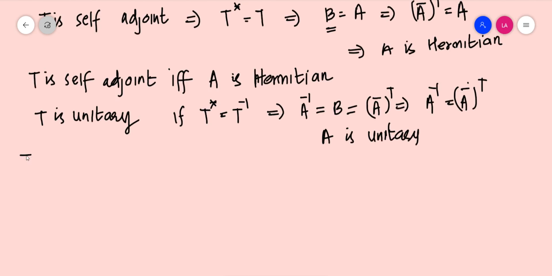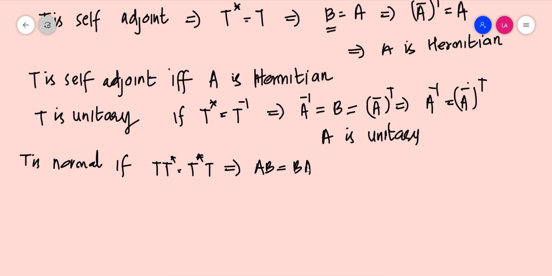And thirdly, T is normal if T star T is equal to T T star, which implies the associated matrices satisfy AB equal to BA. Here B is equal to A conjugate transpose, that is A times A conjugate transpose should be equal to A conjugate transpose times A, which is the definition of normal matrix.